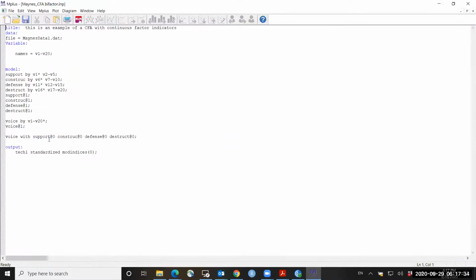So the bifactor model is different from a hierarchical model because now, there is four specific factors: support, construct, defense, and destruct, and one general factor. And the general factor is uncorrelated with the specific factors. So this is saying, there exist four types of voice, but there is also a more general type of voice. Let's run these.